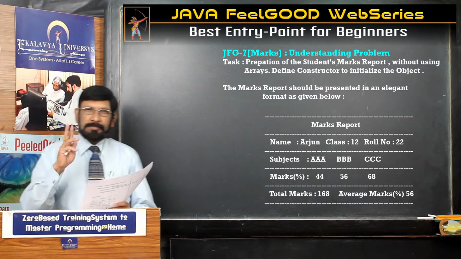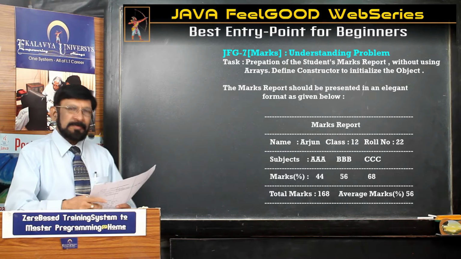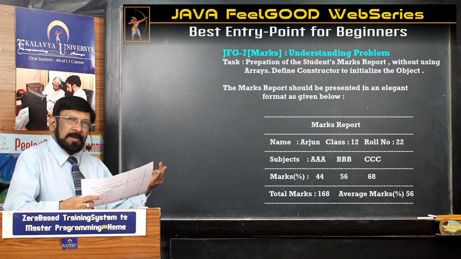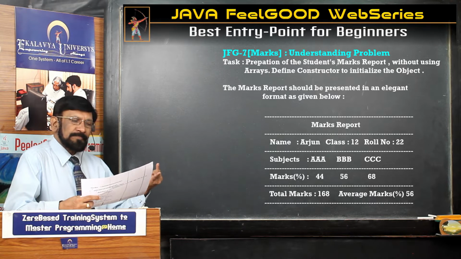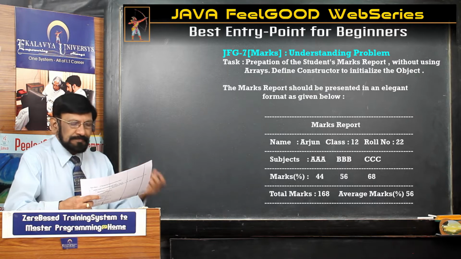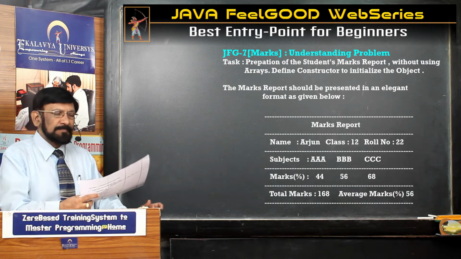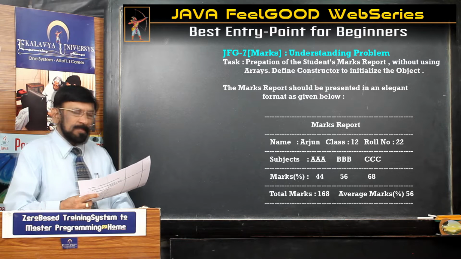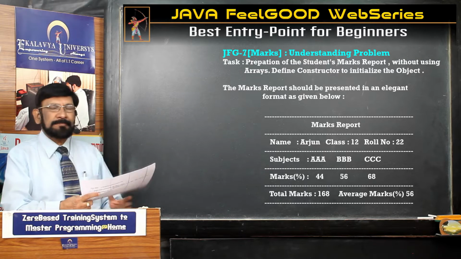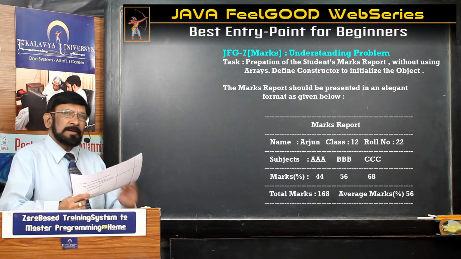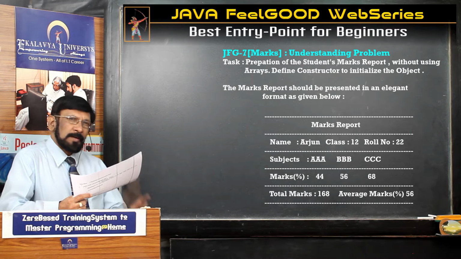Totally 11 variables we require: the name of the student, class number, roll number, the names of the 3 subjects or papers, marks in the corresponding 3 papers, total marks and average marks. Out of 11, 9 variables are input variables, 2 variables are output variables.